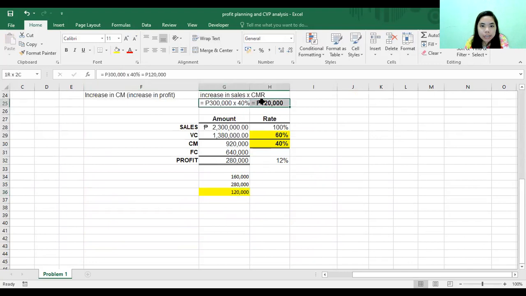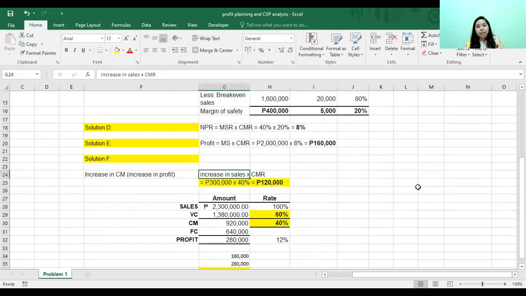That is the checking. But the shortcut is: increase in sales times the contribution margin. I go directly to the contribution margin because the fixed cost will no longer share in your increase. It was already absorbed by your initial sales. But then, you increased the sales by 300,000.